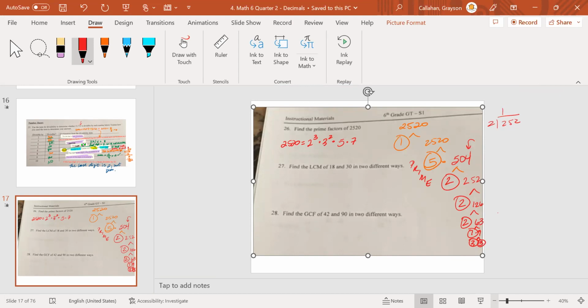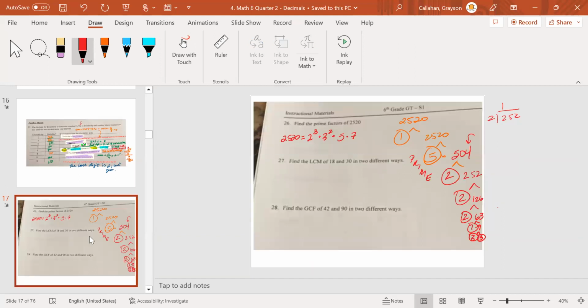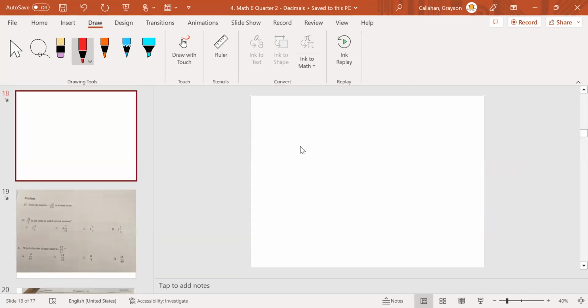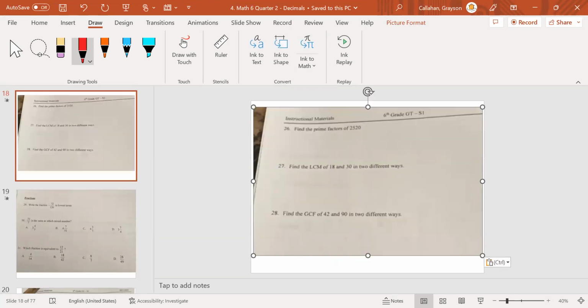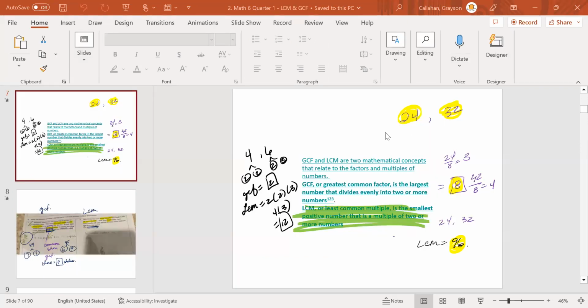Actually, yeah, I do need to go over this one. Okay, so let's go back to figuring out the definition of the lowest common denominator. All right, so let's go over the definitions.